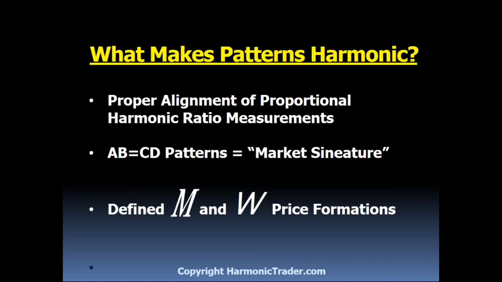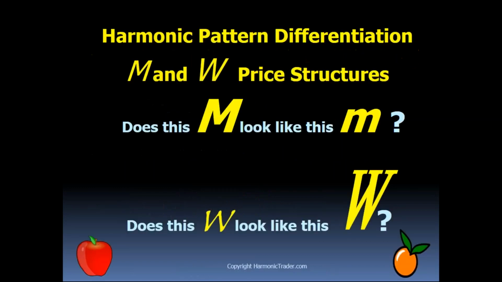Now, when we talk about a defined M and W price formation, we are looking at literally these types of structures where the price movements resemble an M or W formation. The problem is we need to differentiate what these look like. Now, we can have two M structures or two W structures, but when we're looking at price charts, these formations are not the same.